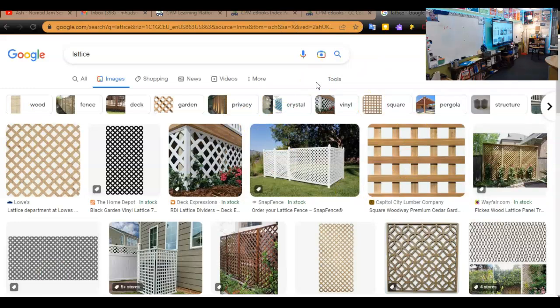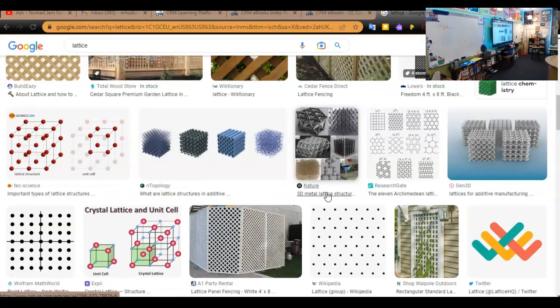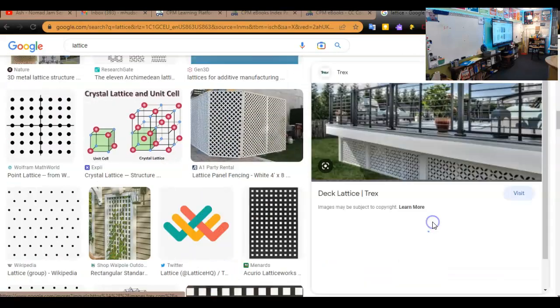This is a lattice. A lattice is perpendicular, either all diagonal or up, down, left, right, and it's often used to keep animals out from under your patio.